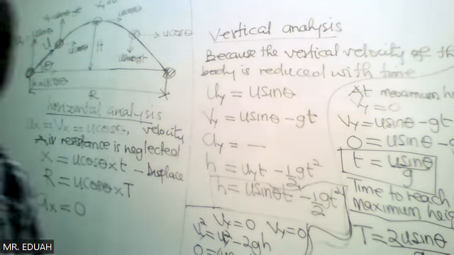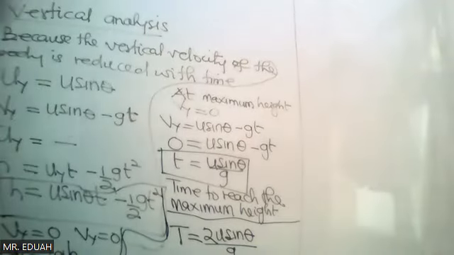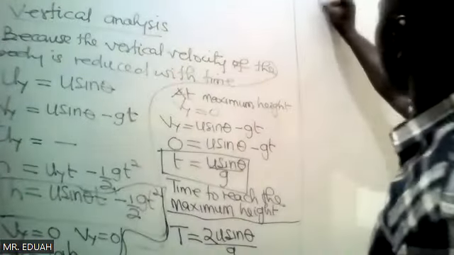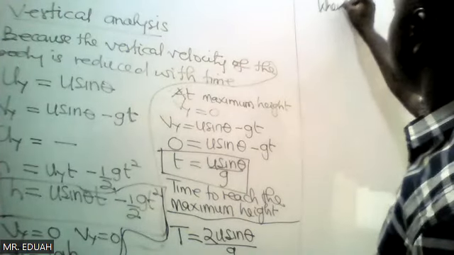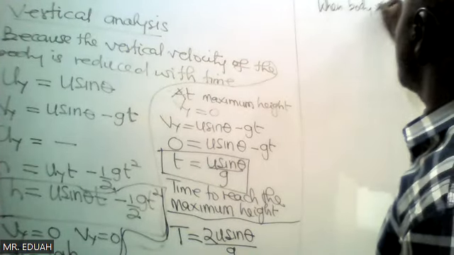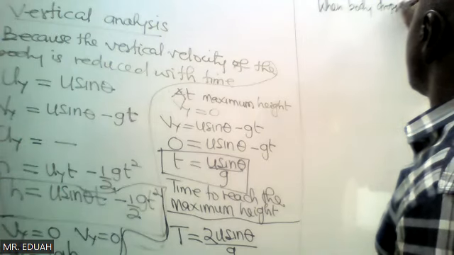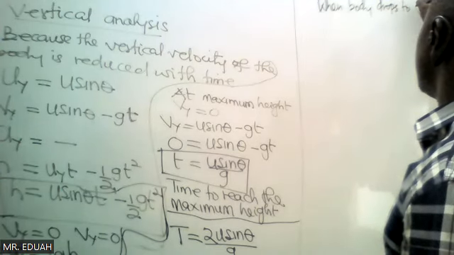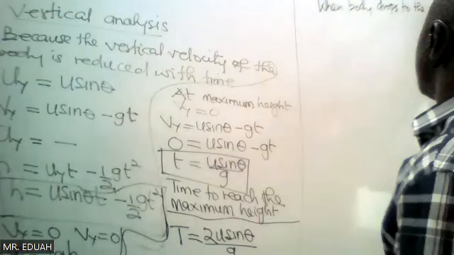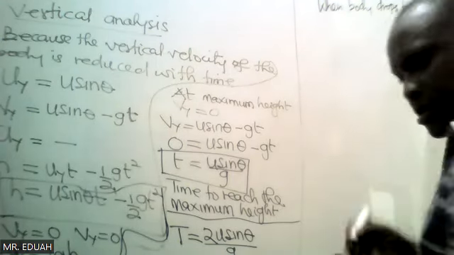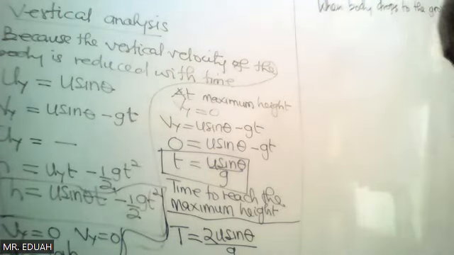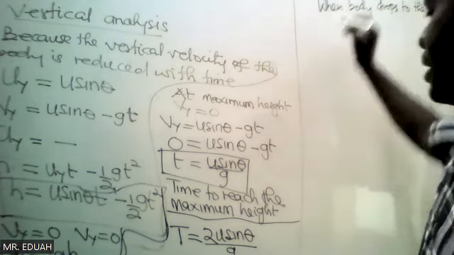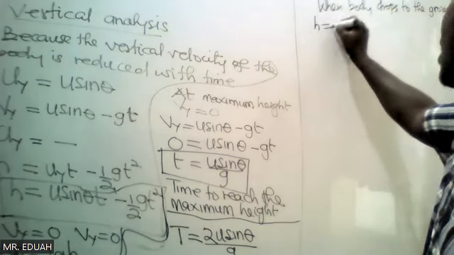So when the projectile drops to the ground, H is 0.